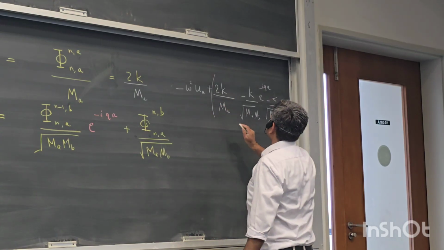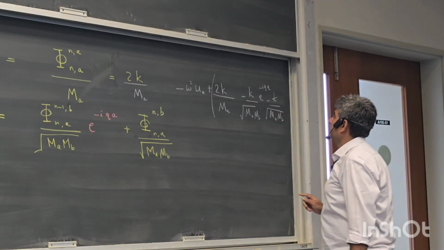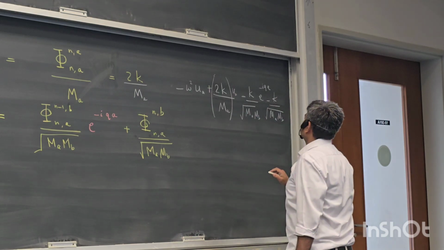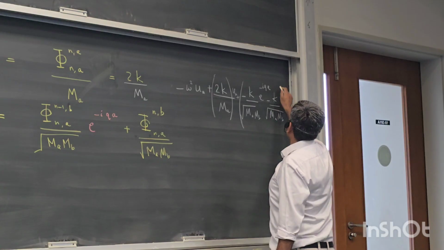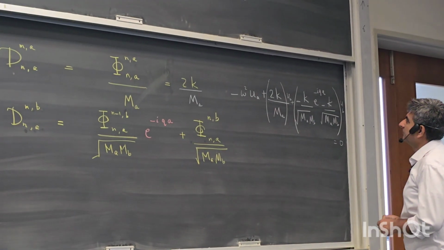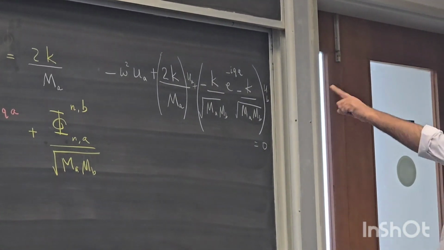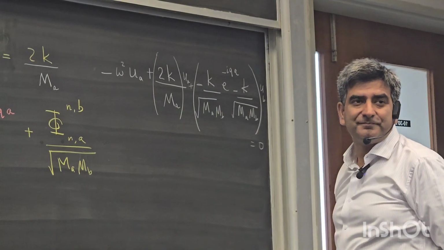And all of this comes with the UA and this comes with a UB equals 0. Right? So likewise, I can find out the terms pertaining to equation number 2.